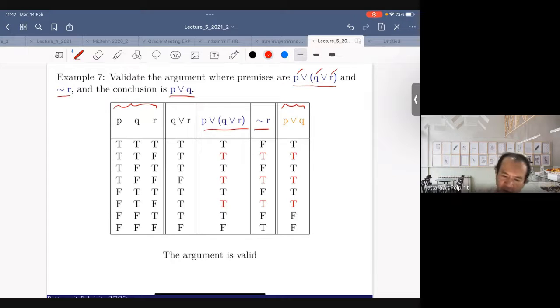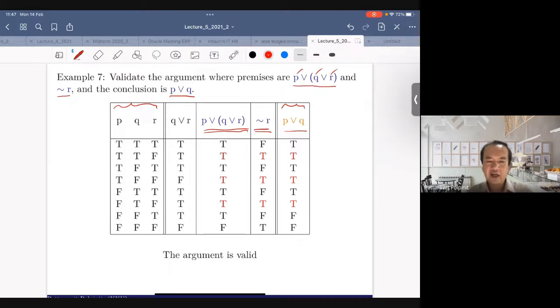Because there are 3 atomic propositions, my table will have 8 rows. So I list P, Q, R as shown here, and then I list all the truth values of each expression.